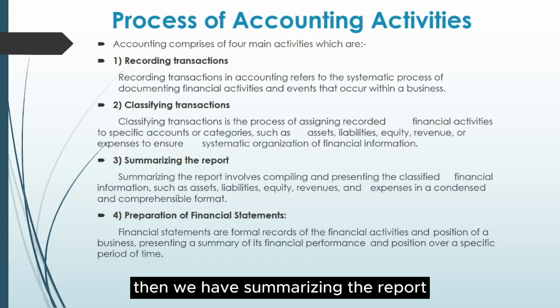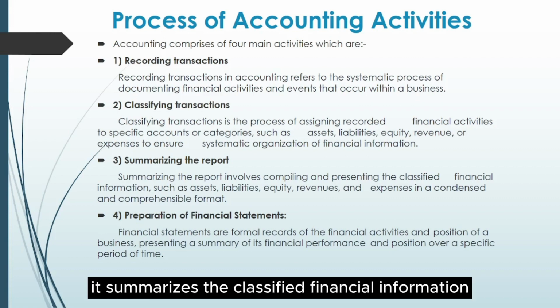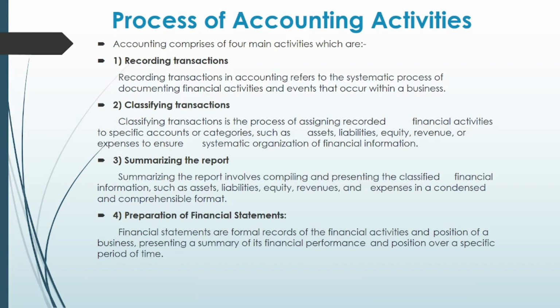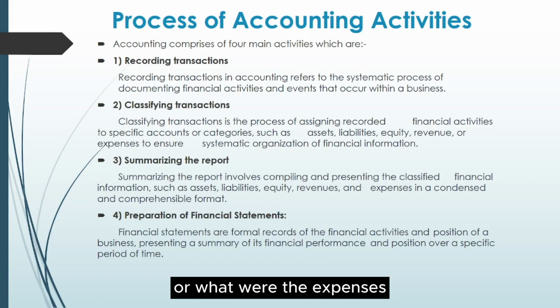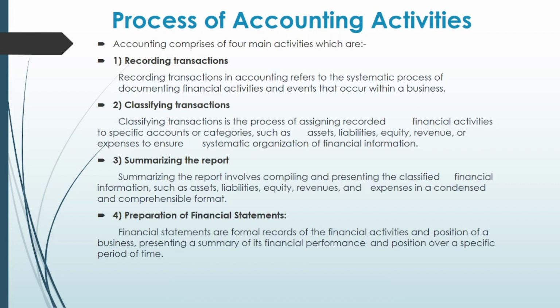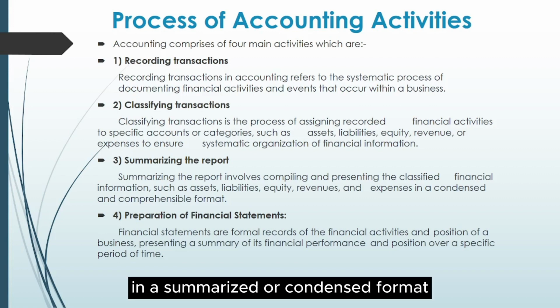Then we have summarizing the report. Summarizing the report, as the name suggests, it summarizes the classified financial information such as the liabilities, what were the assets, or what were the expenses in a summarized or condensed format.